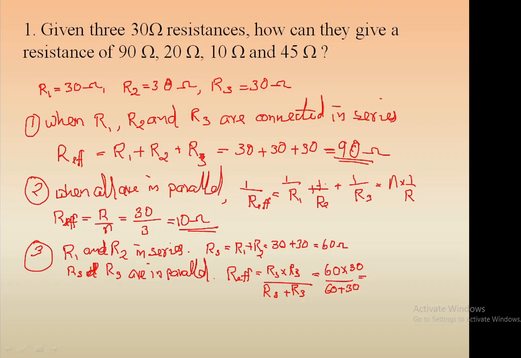That is equal to 1800 divided by 90, that is, you will get 20 ohm. So to get the 20 ohm effective resistance, we can connect the first two resistances in series, and that combination is connected in parallel with the third one.